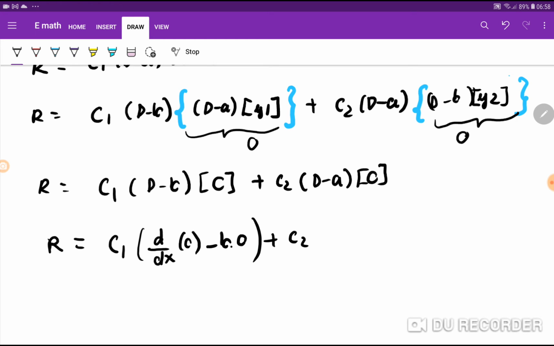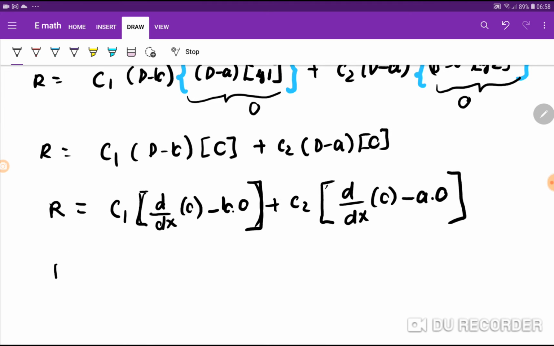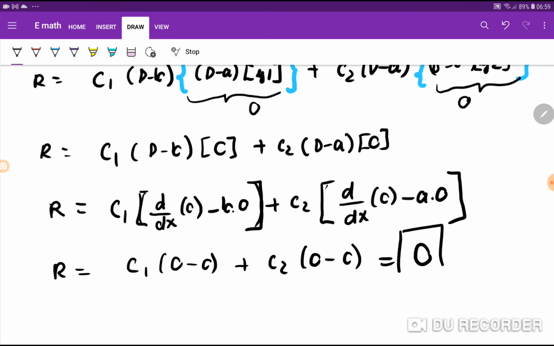Again, I'm gonna assume every function in our series is a function of x. For the sake of this argument, d/dx of 0 minus a times 0. So r will be equal to C1 times (0 minus 0) plus C2 times (0 minus 0), which equals 0.